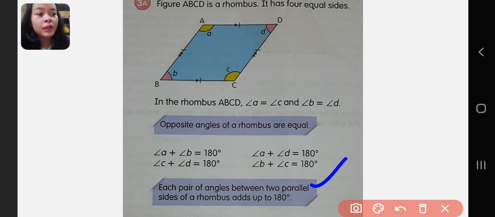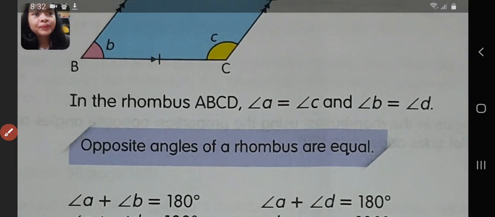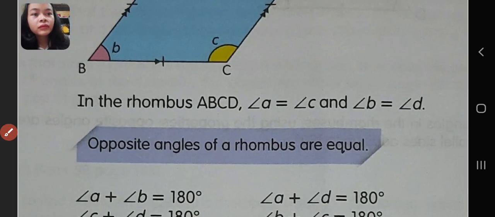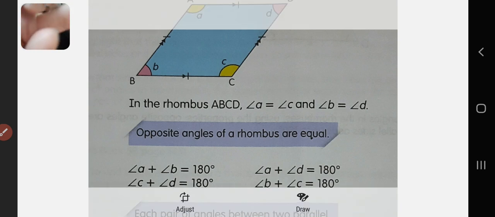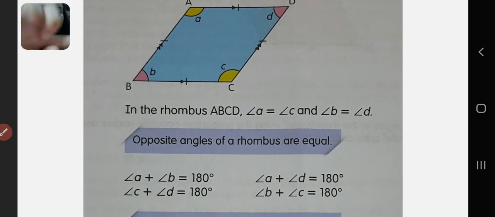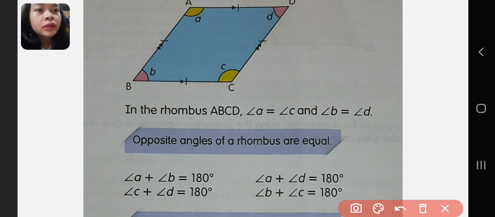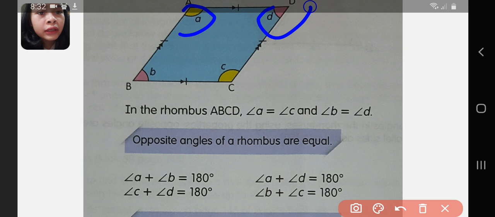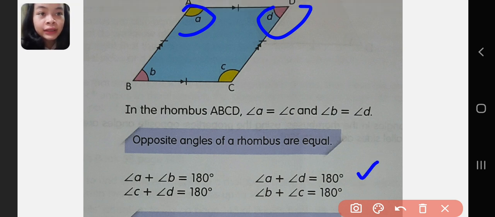For example, this one, A and D, they add up to 180 degrees. They are in the same line, right? So it is with AB. A and B add up to 180 degrees.